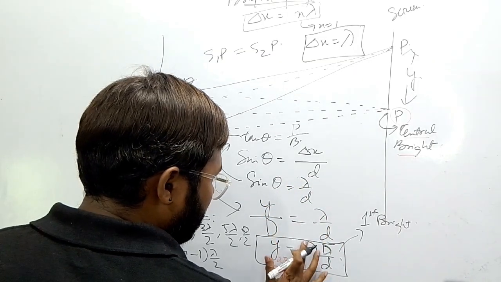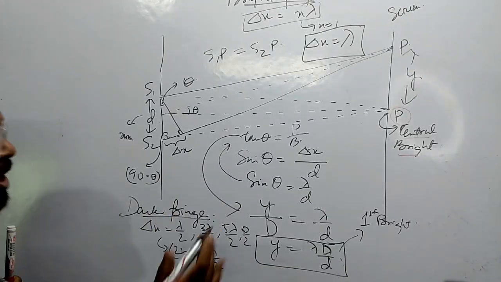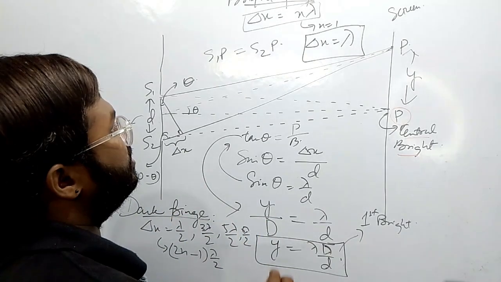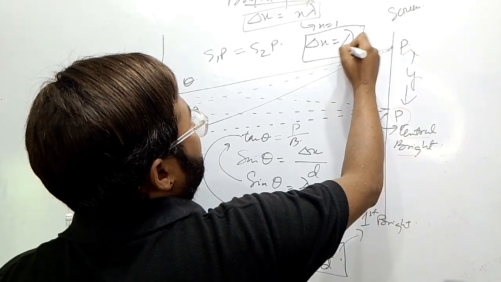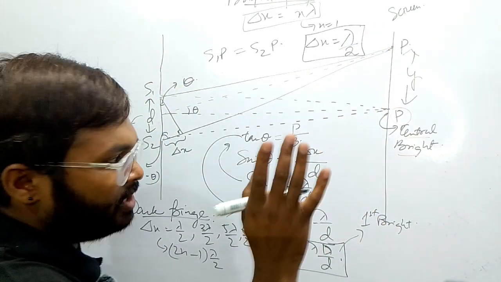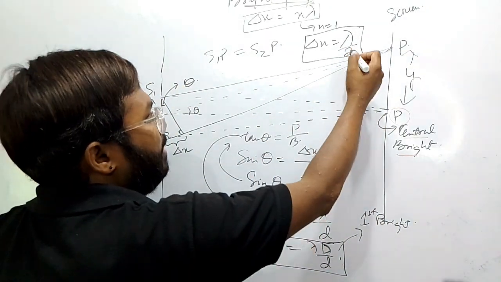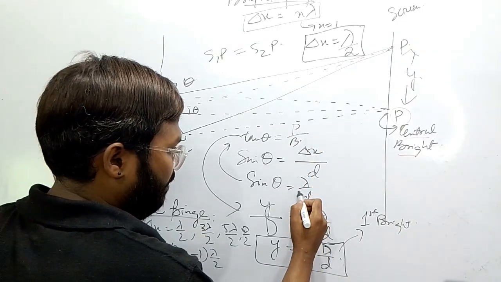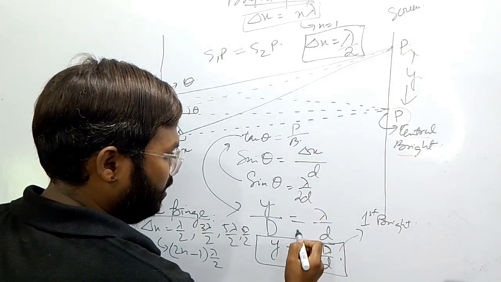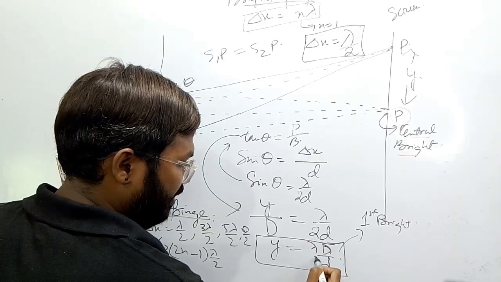Now we are doing it for destructive interference. Destructive means dark fringes. Suppose you consider del x for the first dark fringe. For the first dark fringe, you'll have lambda by 2.